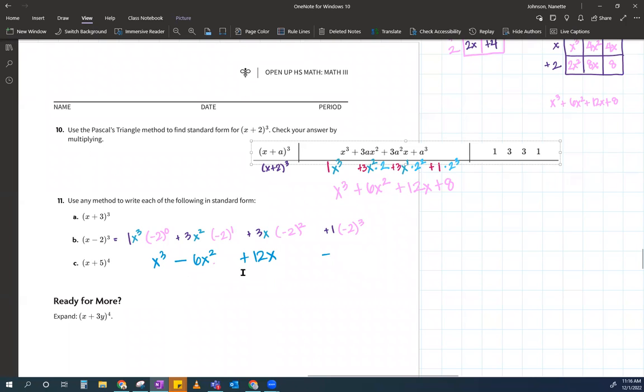Anybody see any patterns? The x cubed, the 6x squared, the 12x, and the 8 match. My signs, my operations in between them, do not match. So what is the pattern that you see? What pattern do you see with my exponents, specifically? That's what I'm interested in.